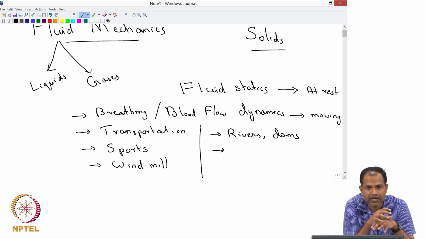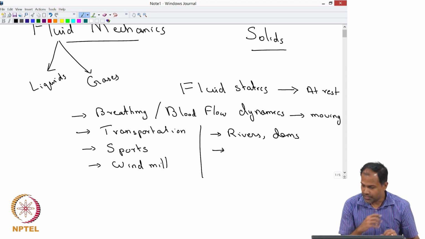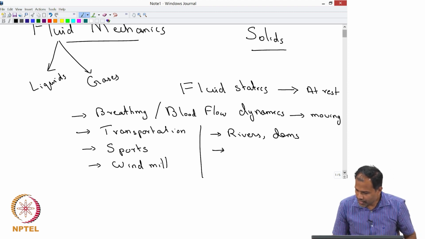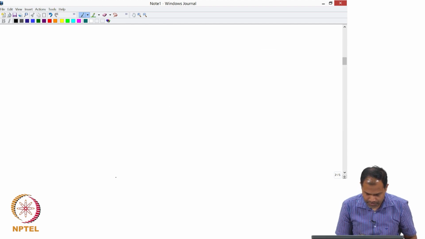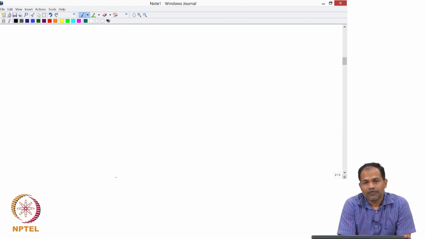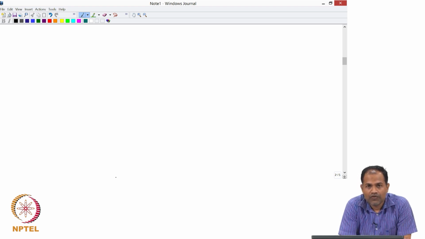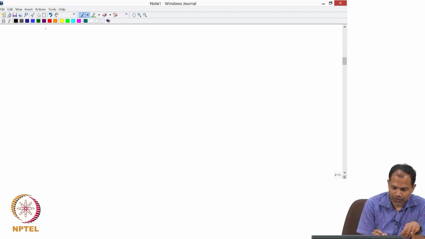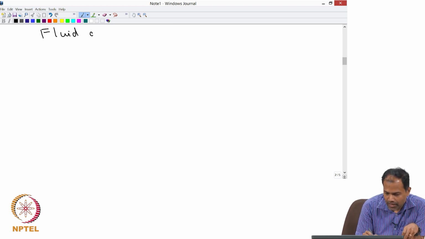So that is the aspect that we are going to concentrate on. And we are going to look at it from the perspective of continuum. So we are going to treat fluid as a continuum.